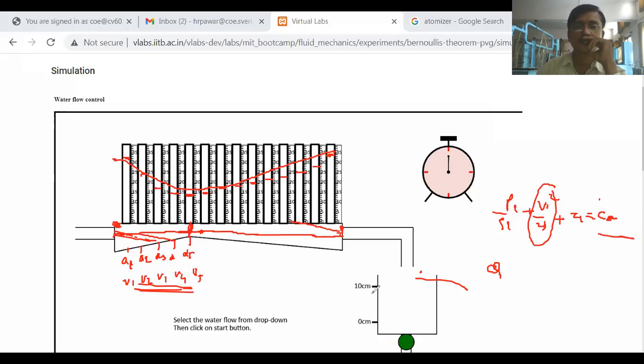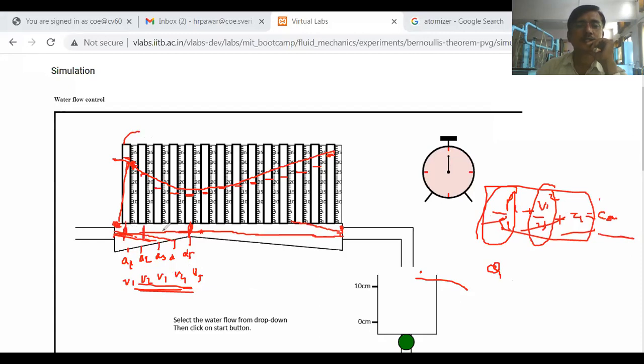Then this pressure head we directly get here in this piezometric tube from the reading on the scale. So we put this value here, then velocity head here and datum, and then we do the addition. And we find what is the total head at this particular section.